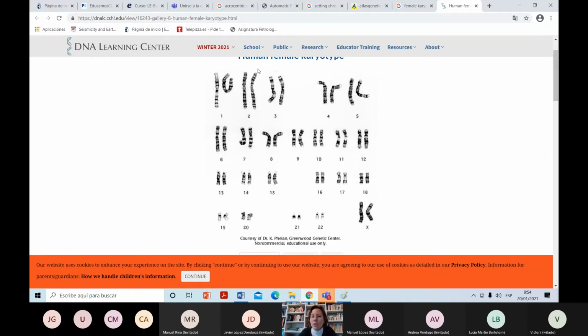But we are not going to see those mutations this unit. The abnormalities that we are going to see this unit are only those referring to the number of chromosomes, which is what we are going to see in this following part.